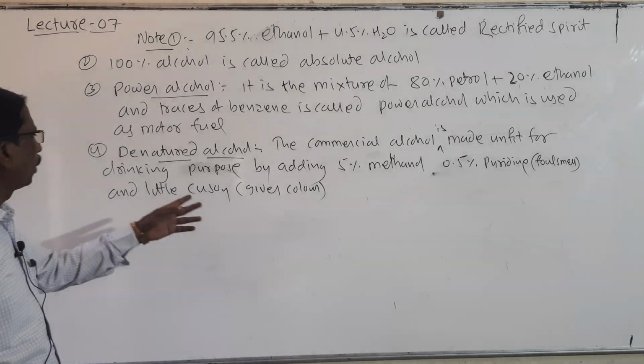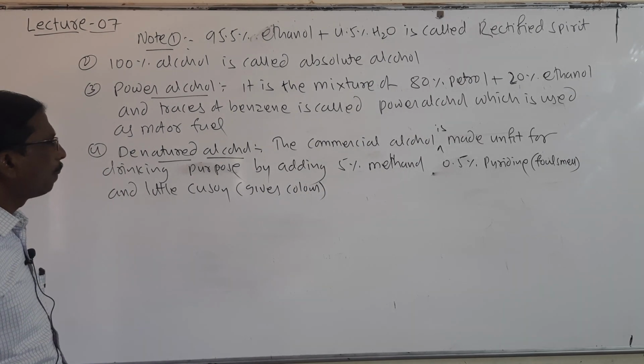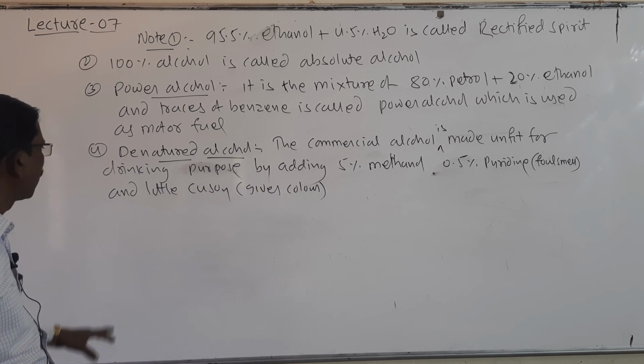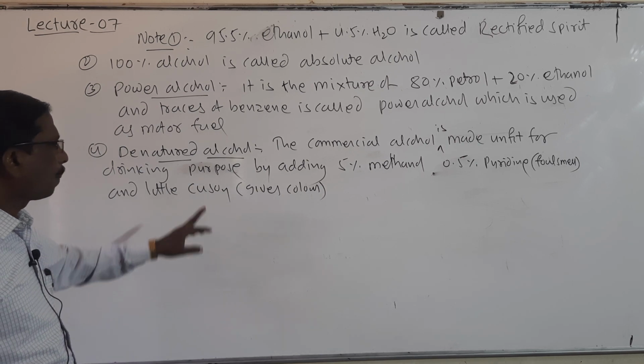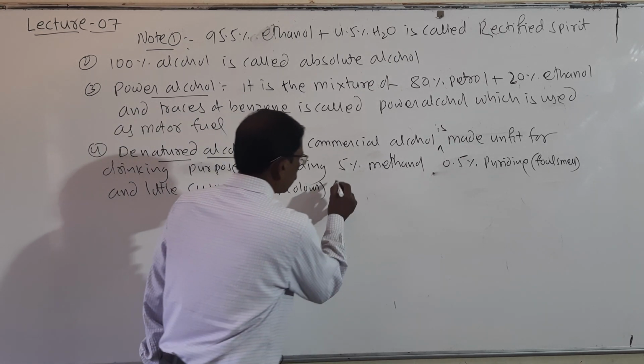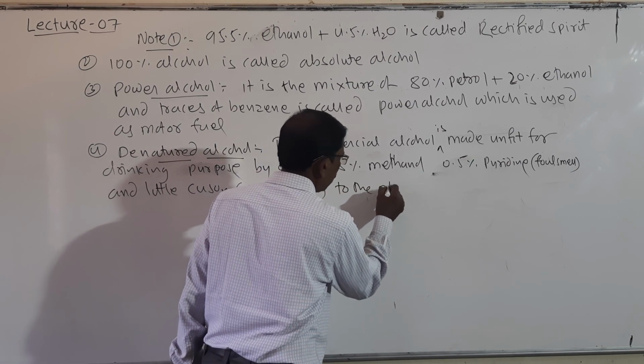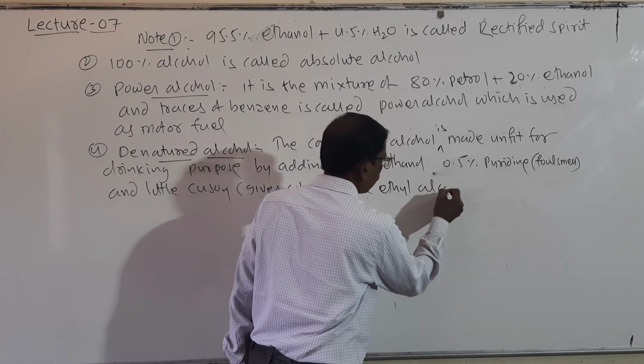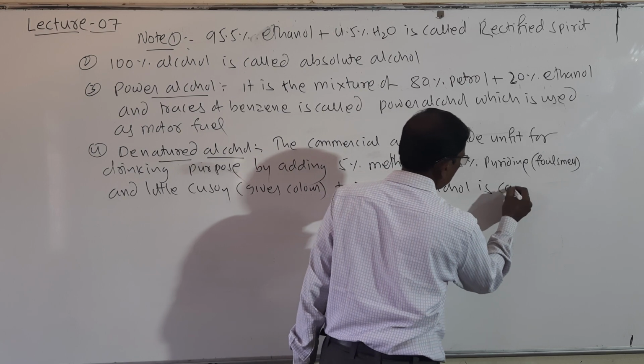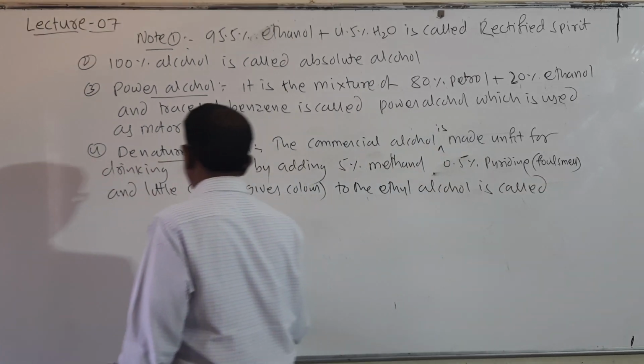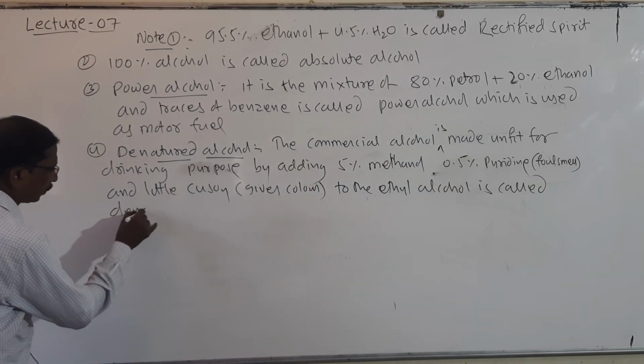So the commercial alcohol is made unfit for drinking purpose by adding 5% methanol, 0.5% pyridine, it gives foul smell, and a little copper sulfate gives color to the ethyl alcohol. It is called denatured alcohol.